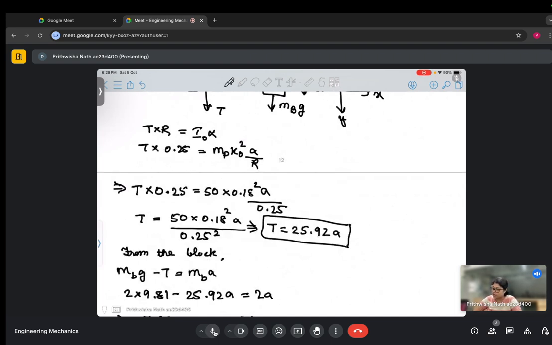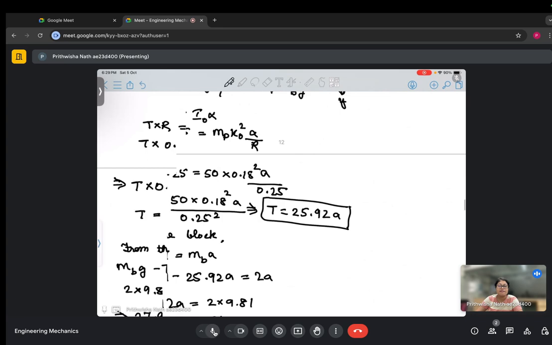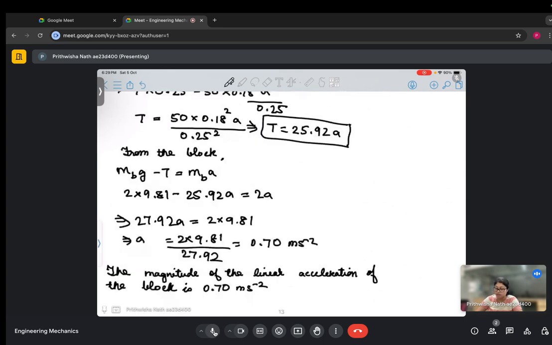So I substitute the values. m_b is 2, and in place of tension I write 25.92 a, and m_b is again 2, so 2a. From there I get a as 0.70 meter per second square. This is what is asked in the question, that is the linear acceleration of the block.